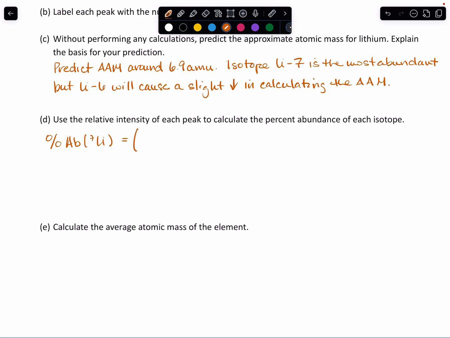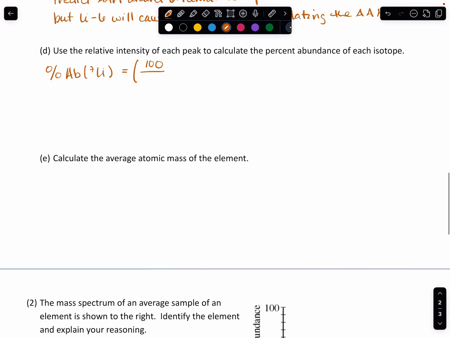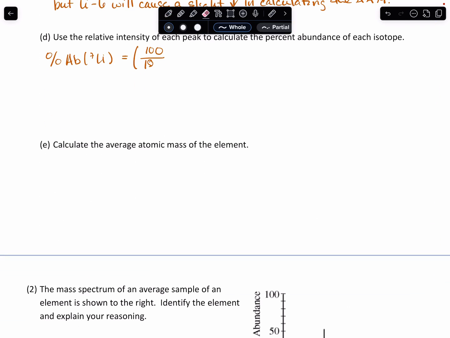All right, so the relative intensity, the peak for lithium 7 is 100, and then the total is 100 plus 8 is 108. All right, so 108 times 100%. So the percent abundance for this is 92.6%.